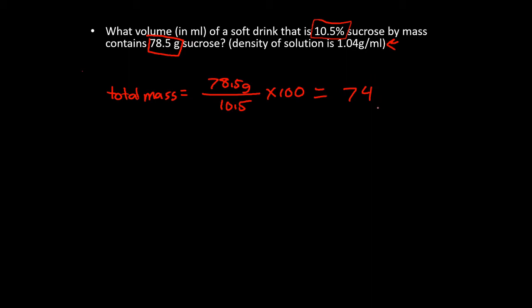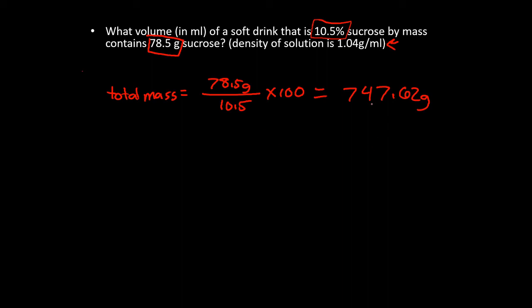I won't do sig figs until the very end, where I'll have three sig figs, but right now I'm going to go ahead with 747.62. And what would the units be on that? It would just be grams, because this is unitless. It's just a percentage, and so is this. So it would just be grams.